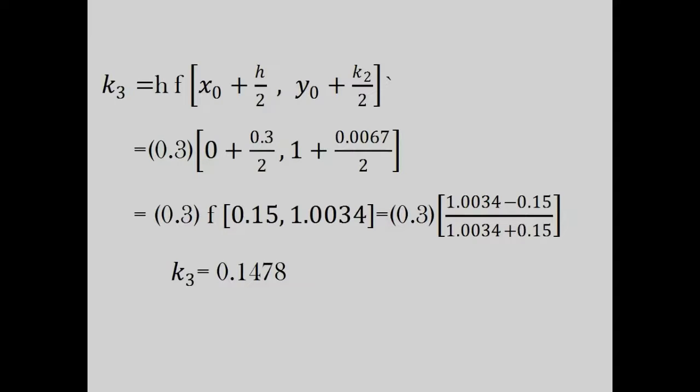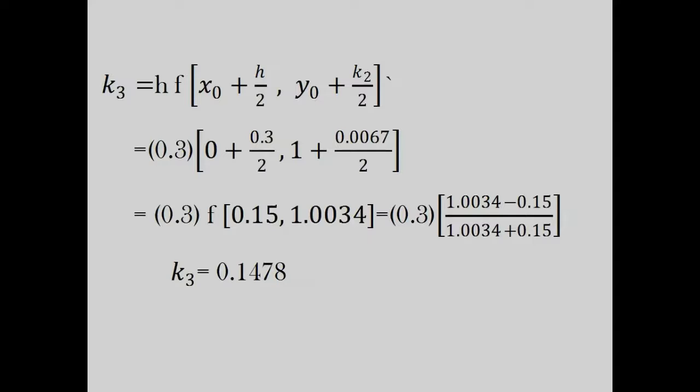For your k3, h f of x naught plus h over 2, y naught plus k2 over 2. So h is 0.3 and your x naught is 0 plus 0.3 over 2, then 1 plus 0.0067 over 2.